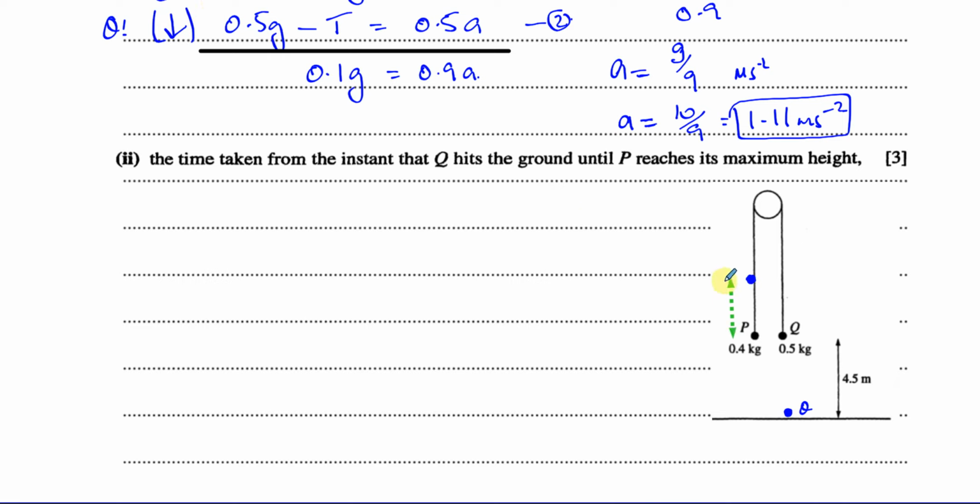But we're concerned about what happens after this. It's risen this 4.5 meters, and then once Q has hit the ground, the string will have no tension. So when Q hits the ground, P will be up here, and if you think about P, you're going to have just the weight acting on it, nothing else.